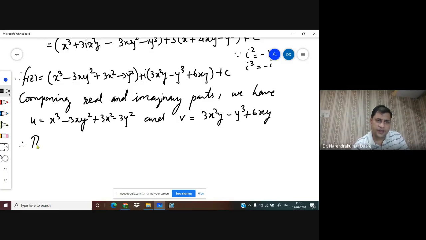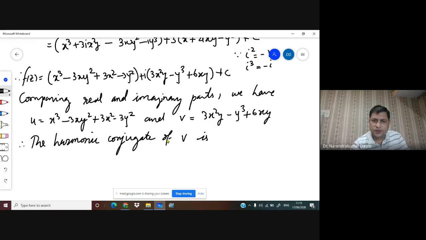Okay, so we can say the harmonic conjugate of v is u is equal to x cube minus 3xy square plus 3x square minus 3y square.